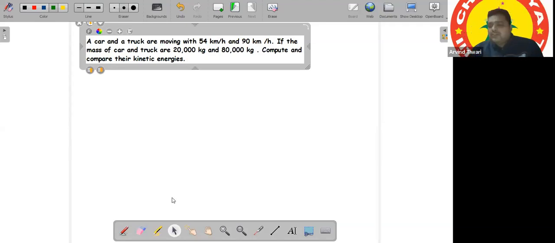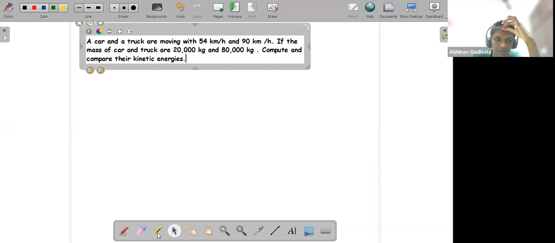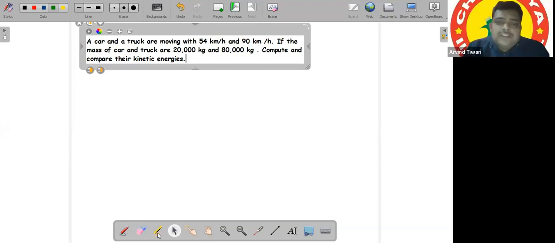Abhinav, what's the formula of kinetic energy? Half into mass into velocity square. Okay, half into mass into velocity squared.